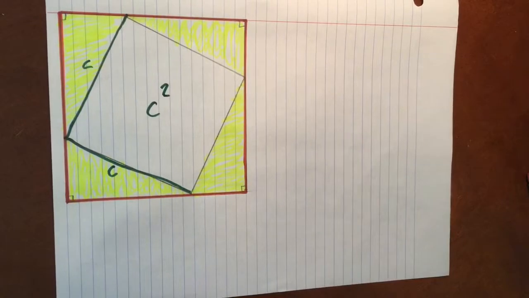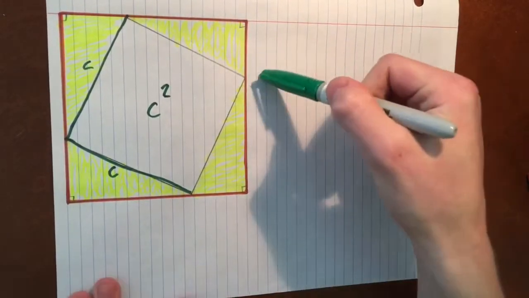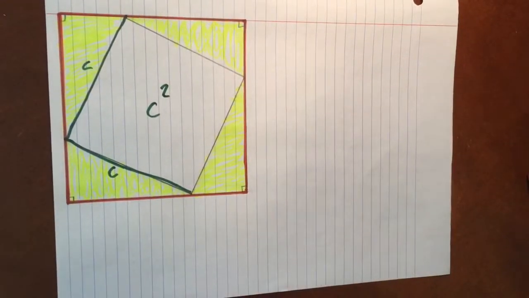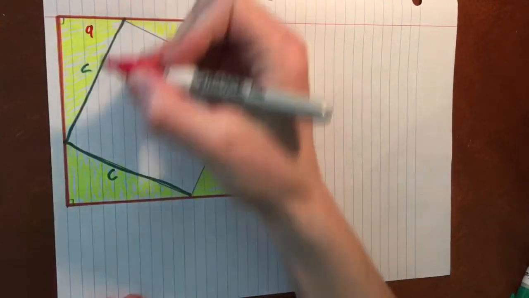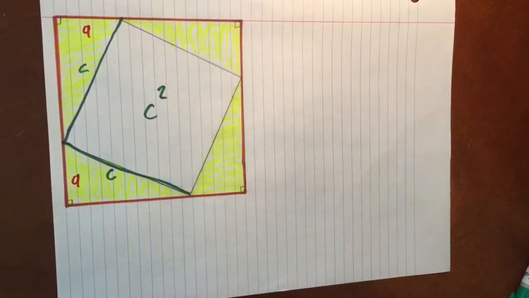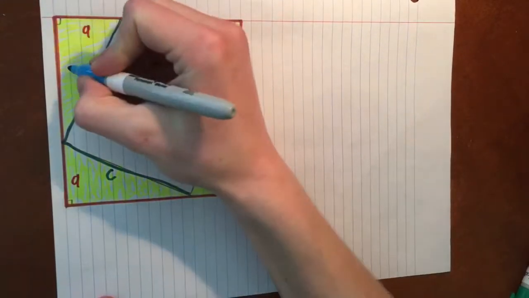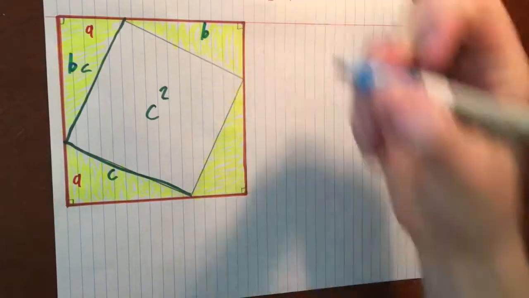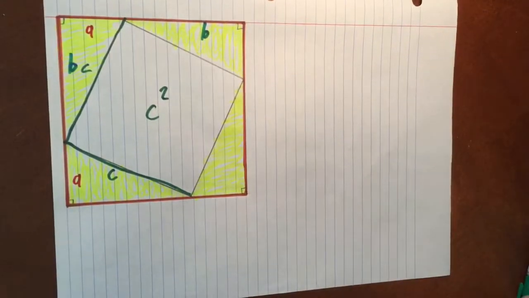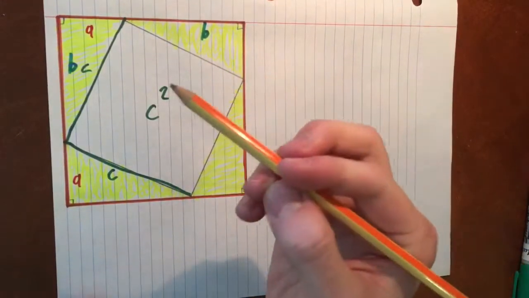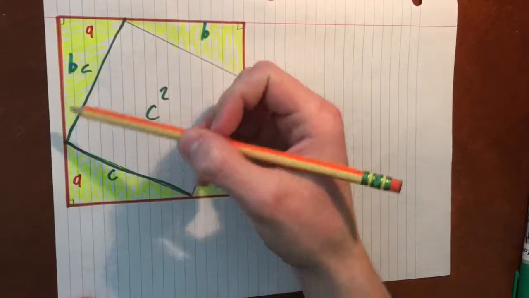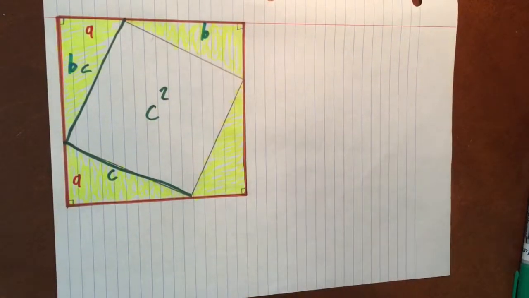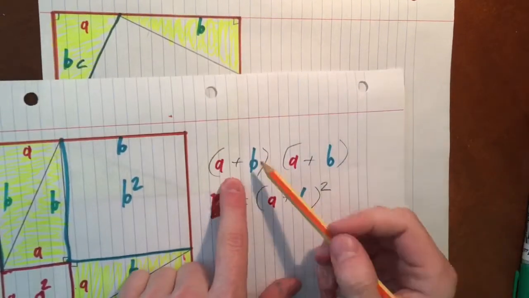Alright, now let's find the area of the big orange square again, right? So if we notice here, we have a short side, which we called A, another short side, A, and then a long side here, which is B, another long side here, which is B. So in order to find the area of the large orange box, we'd take length times width, or A plus B times A plus B. So if we notice, that's the same thing as right here, right?